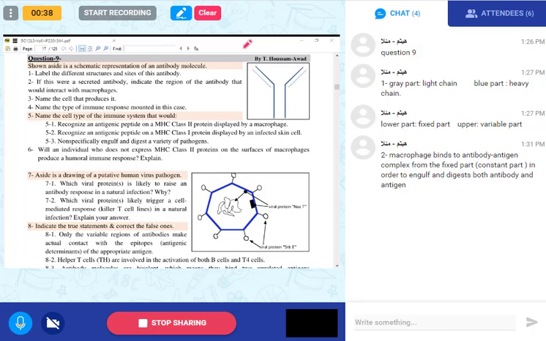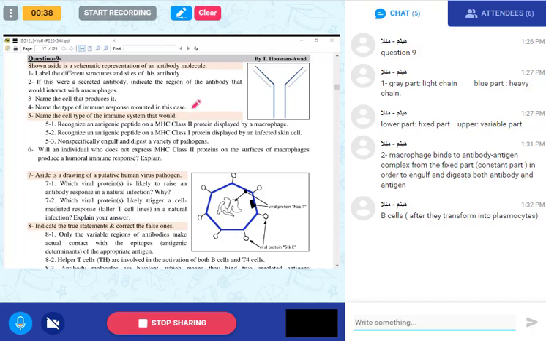Surely the B cells. Yes, so they are the B cells. I will put in brackets that they transform into plasma cells, or plasmocytes. Plasmocytes or plasma cells. Good.